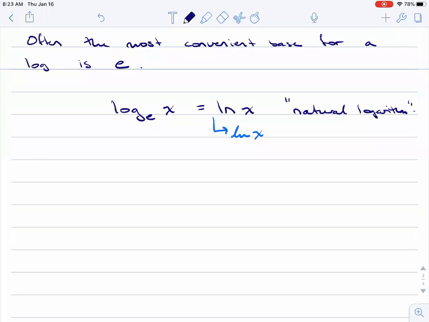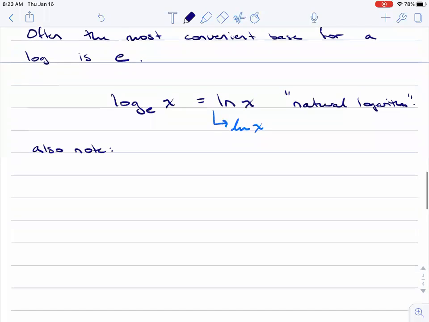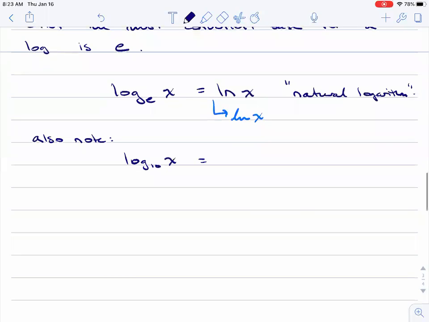So we're also going to note that log base 10 of x, and we kind of mentioned this, is just going to be written as the log of x. So we kind of drop the 10, and this is called the common logarithm. So if it's base e or if it's base 10, then we've got these default notations.